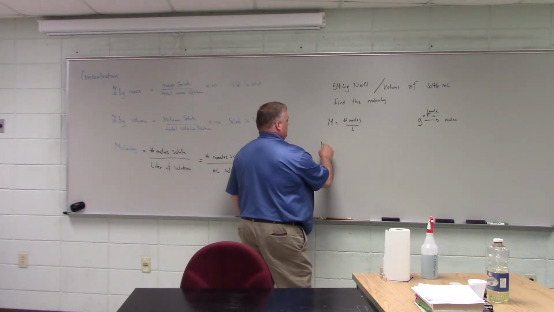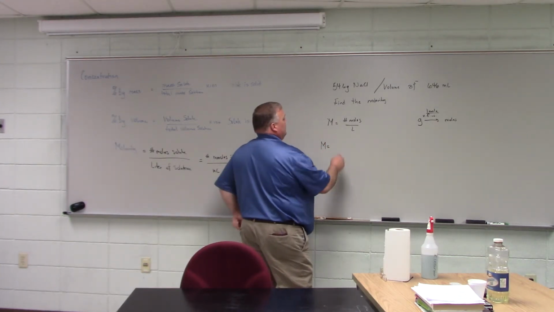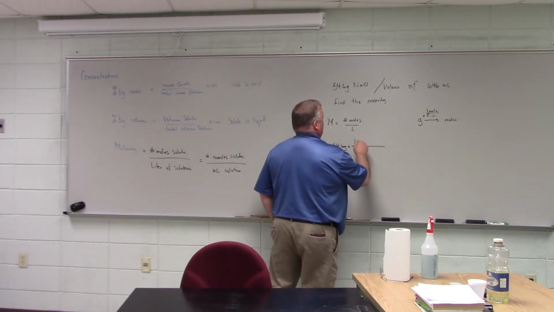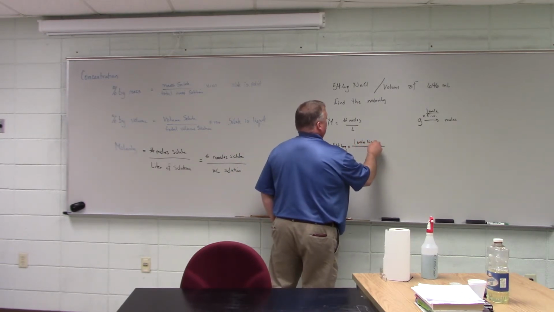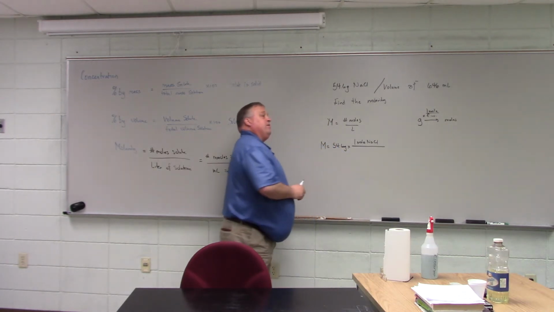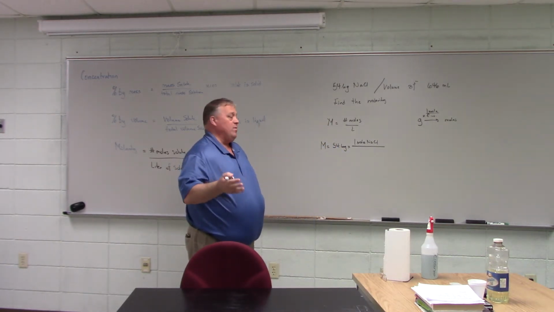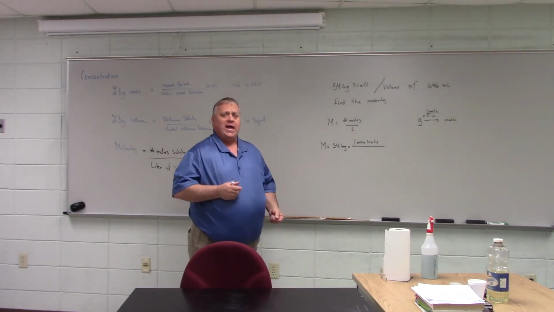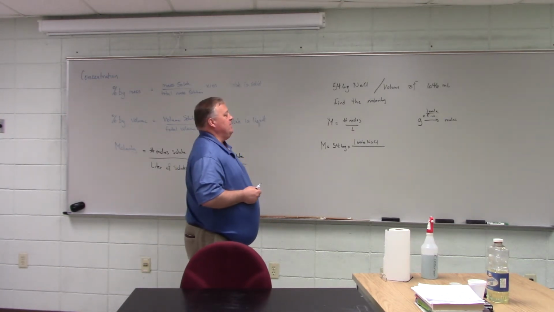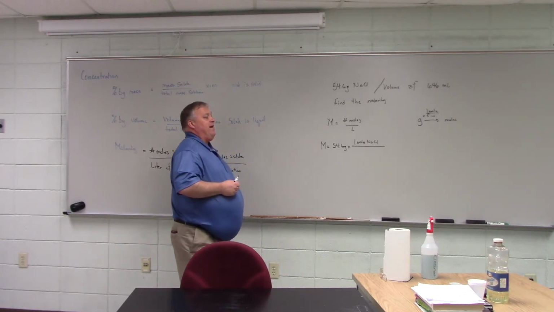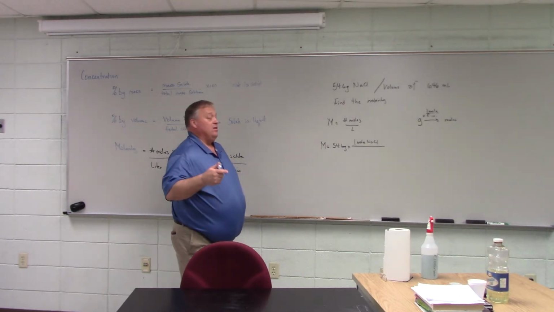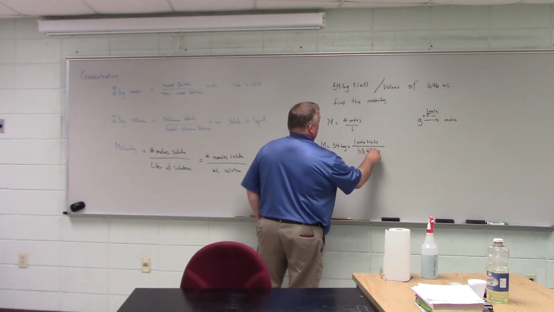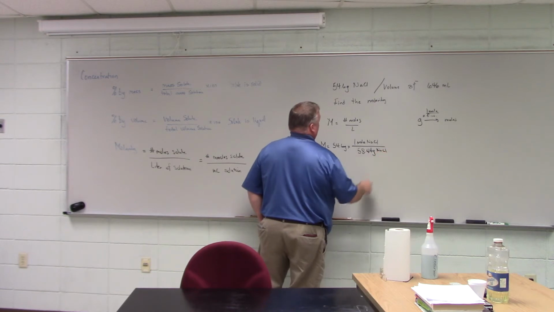So molarity will be 54.6 grams times 1 mole. Sodium chloride is made up of 1 mole of sodium atoms and 1 mole of chlorine atoms. Sodium weighs 22.99 if we round to 2 decimal places. Chlorine weighs 35.45, so the weight of that would be 58.44 grams of NaCl per mole.